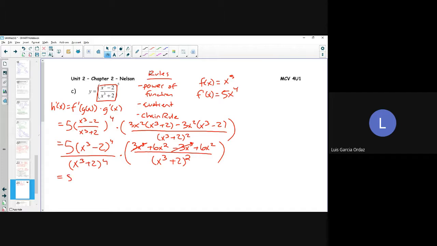So I'm left with 5 times (x to the 3 minus 2) to the power of 4 divided by (x to the 3 plus 2) to the power of 4, multiplied by 6x squared plus 6x squared, which is 12x squared, divided by (x to the 3 plus 2) all squared. My apologies, this should be plus 2. I don't know why I changed it.